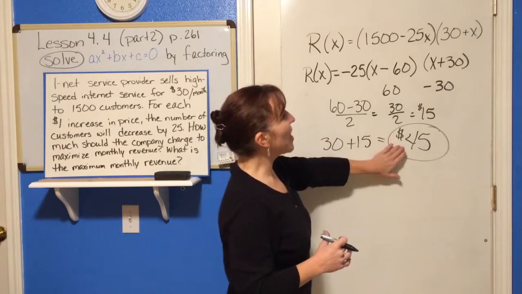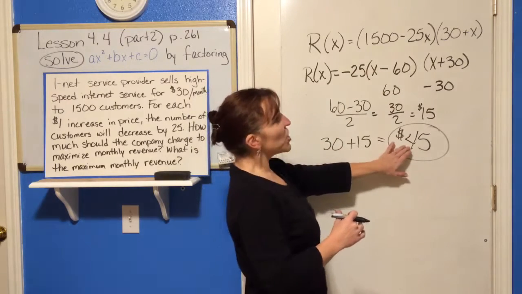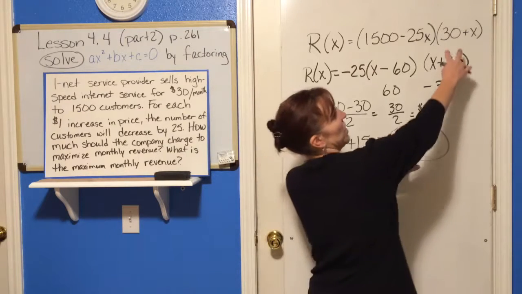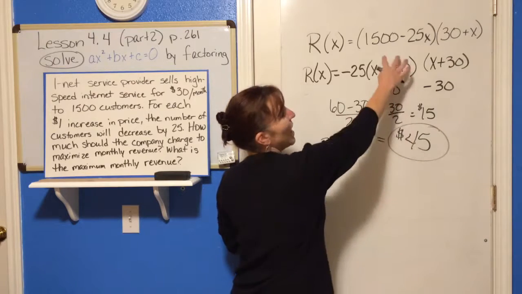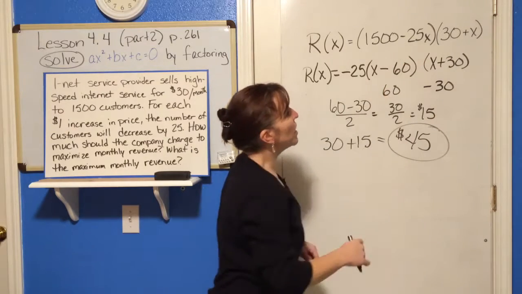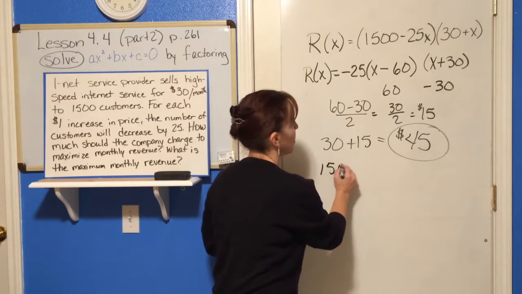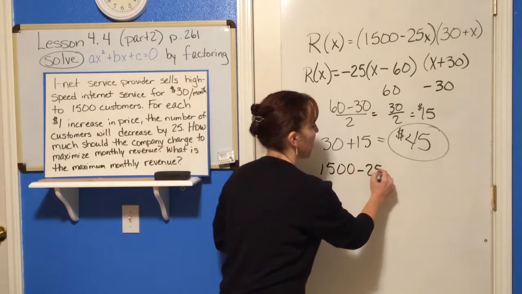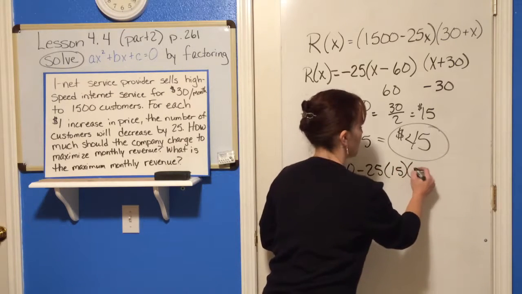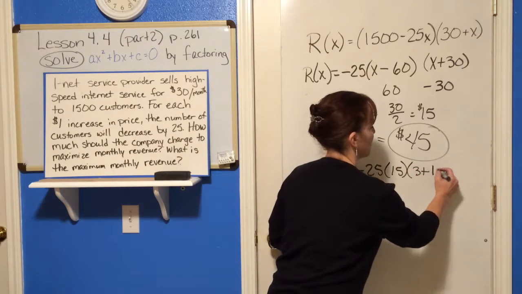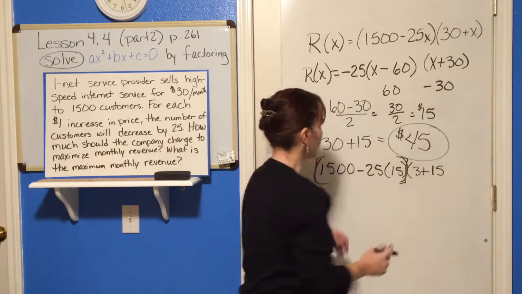Now we've got to put that into our original equation. $45 is how much we're going to multiply by, but we've got to subtract out our number of people. So you're going to have the 1,500 minus 25 times 15, times 30 plus 15. Let's do brackets here.